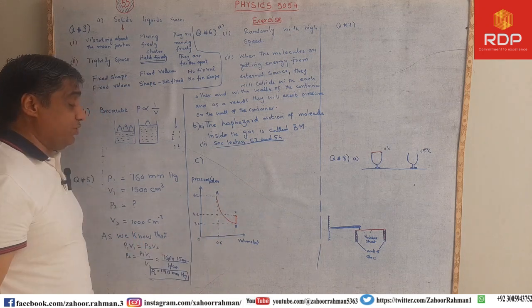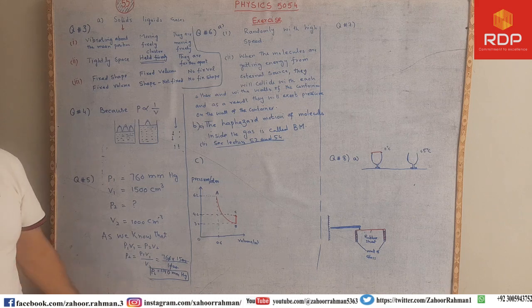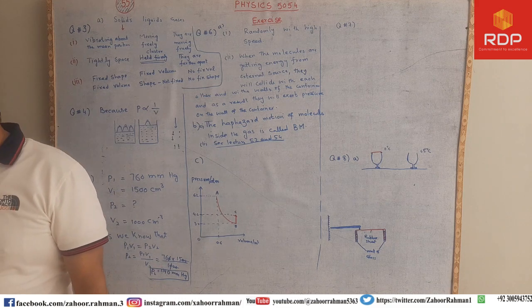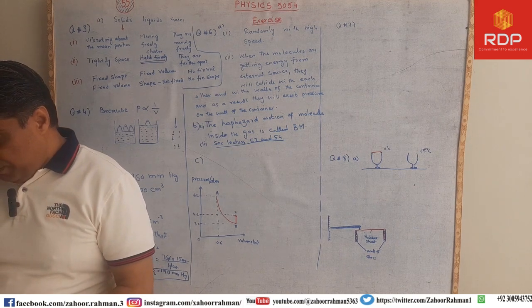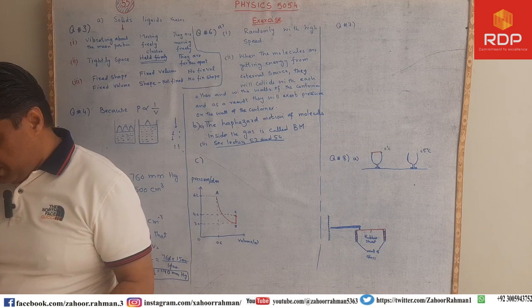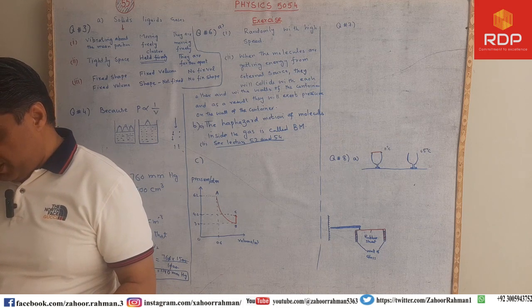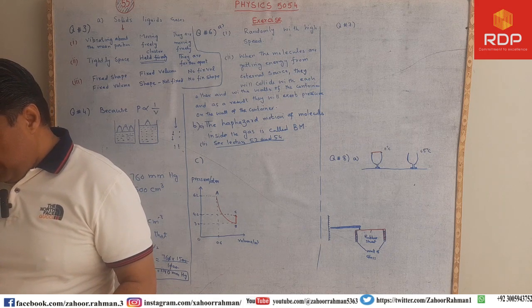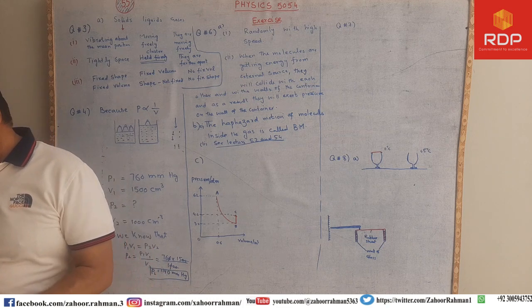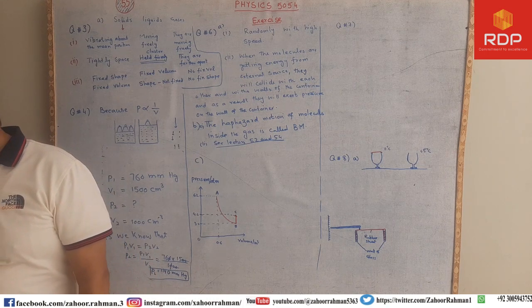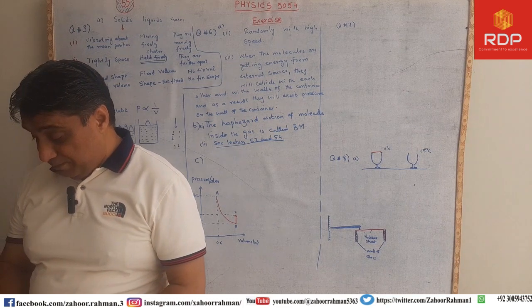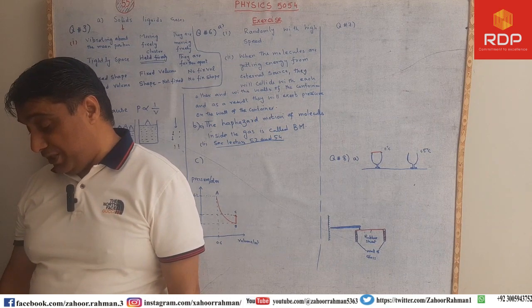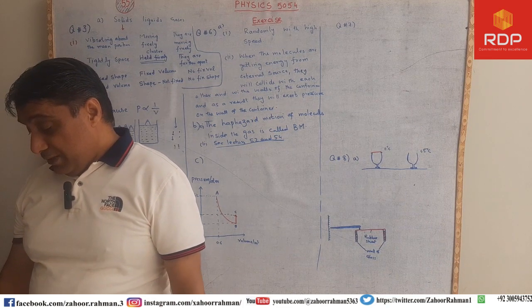At point B the question is asking to find the value. The graph shows changes of pressure and volume of a fixed mass of the gas. AB represents a change taking place at a constant temperature of 20 degrees Celsius.